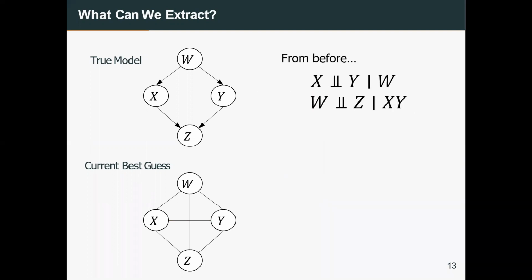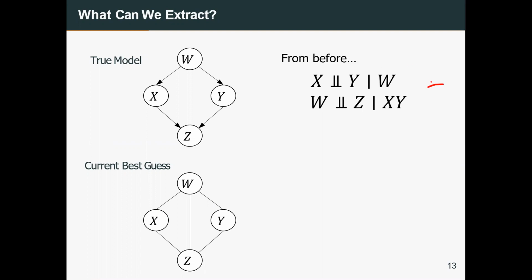From before, we know that X and Y are going to be independent given W, and W and Z are going to be independent given X and Y. Because X and Y are independent of one another, this edge between X and Y can't exist, because if it did exist, then even if we blocked on W, we would find that X and Y are dependent of one another.